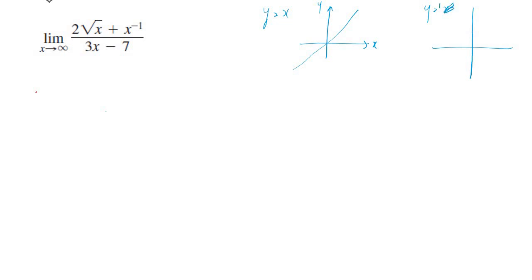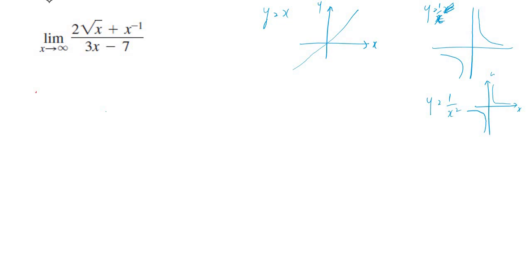Before that, let's do 1 over x. At 0, 1 over x is not defined, so 1 over x would be a curve of this nature. And y equal to 1 over x squared would be a similar curve. The only difference is the curvature. It gets to 0 faster as x tends to infinity.